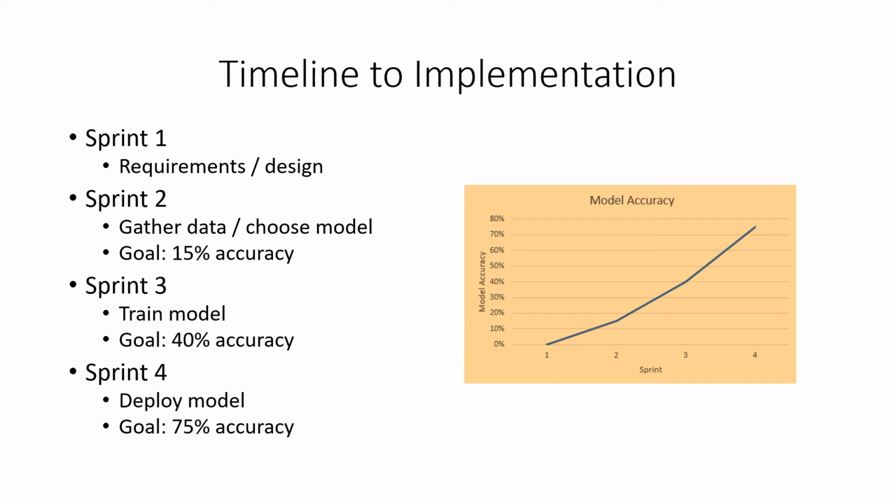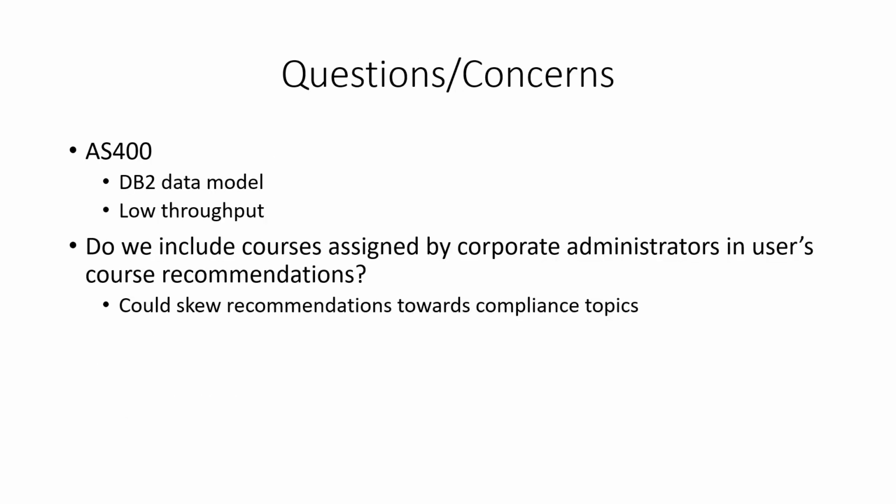Our goal is 15% accuracy in the second sprint, and during the third sprint we're going to be further training the model and be at hopefully 40% accuracy, and then by sprint 4 we're going to be deploying the model and hopefully be at about a 75% accuracy. Those are all just goals, and we're not sure, based on the attributes that we have access to, if we're going to be able to make that, but that's our goal right now.